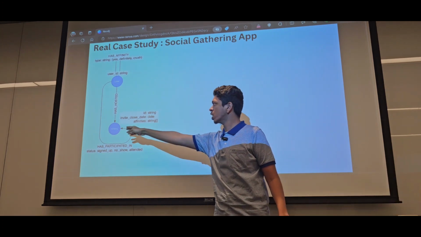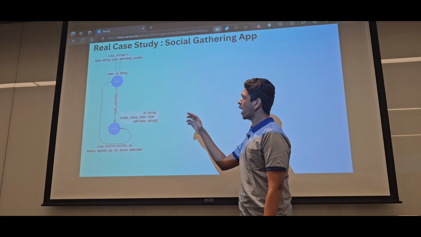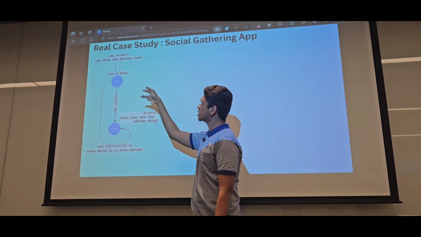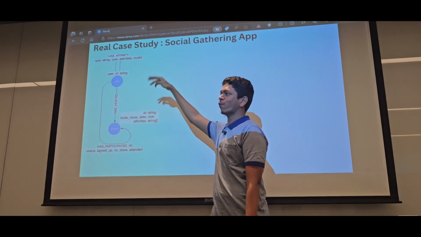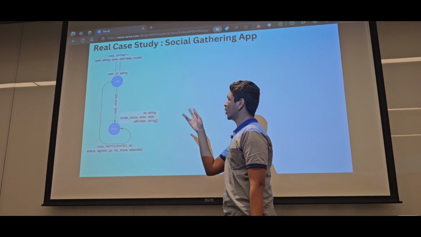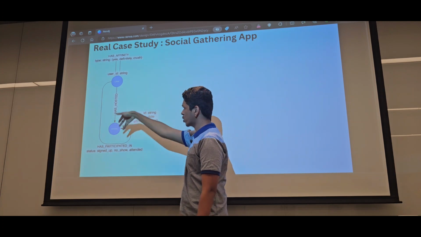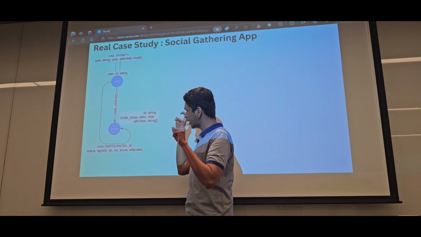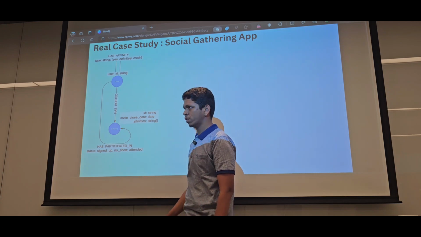A user hosts a gathering, people meet, and then users say, okay, I met him, he can be a friend, he's definitely a friend, or I want to meet him again, or he's a crush, he or she, depending on the gender. And then henceforth, whenever the user hosts a gathering, he can say, okay, I only want the visibility of my gathering to these affinities. That's why it's an array of string here.